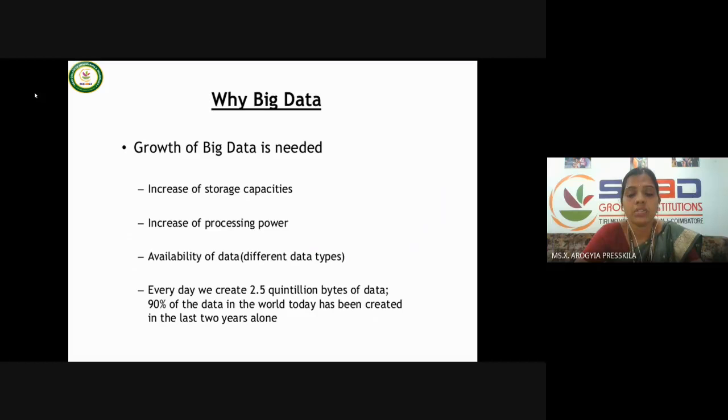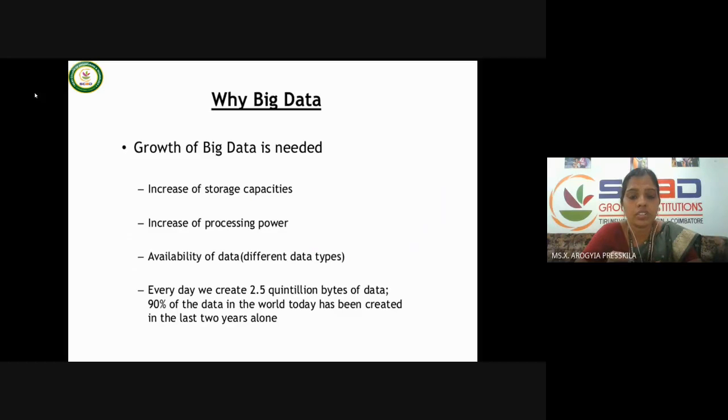Now we can see why we move to big data. Whenever the data grows day by day, we need a large amount of storage capacity, and we must increase the processing power.